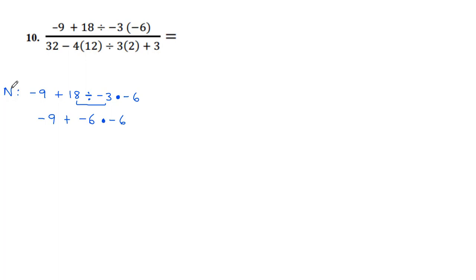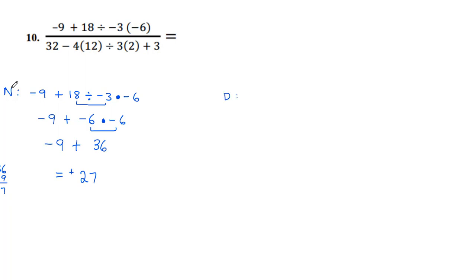Now I'm going to multiply negative 6 times negative 6, which is a positive 36, plus a negative 9. Negative 9 plus 36, I have more positives than negatives, so my answer will be positive, and I will subtract 36 minus 9, which is 27. So I will have positive 27 for my numerator.